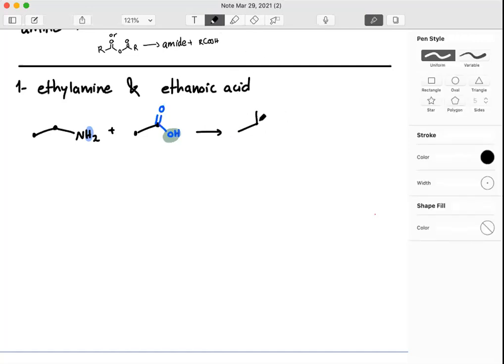So we'll get the C double bond O here. And then we want to remove this OH and we want to connect to the nitrogen. So what is the nitrogen connected to? The nitrogen has 2 H's and has this R group, but one of the H's is lost. So I will put only 1 H and then the 2 carbons. Are we good?